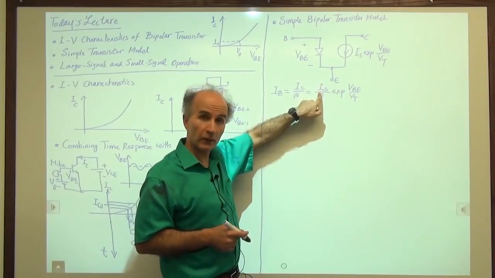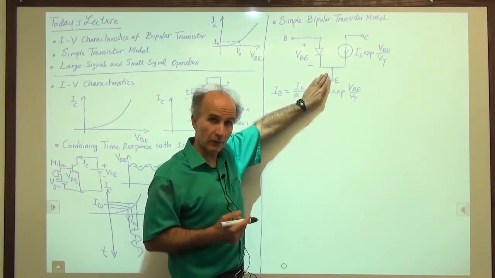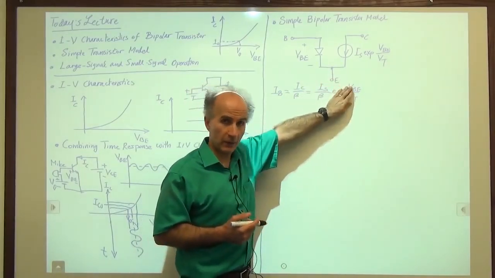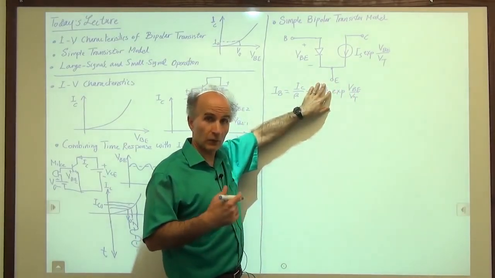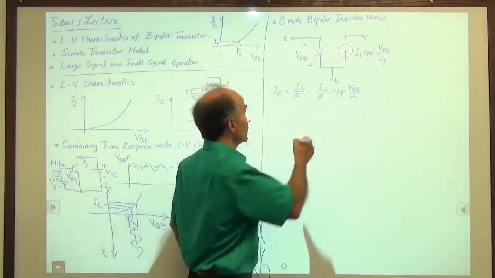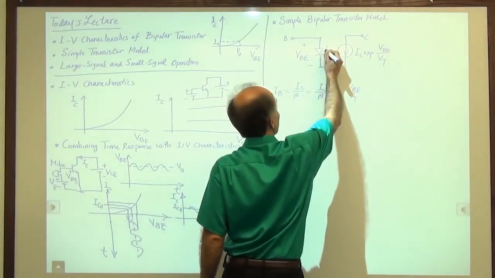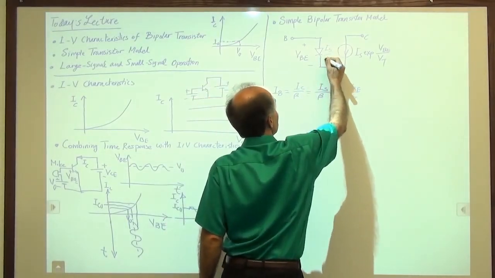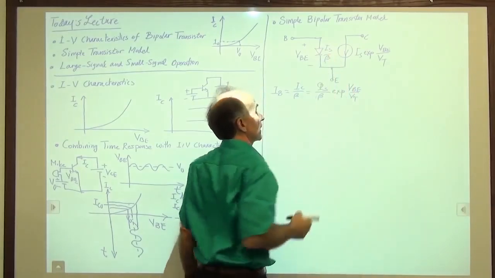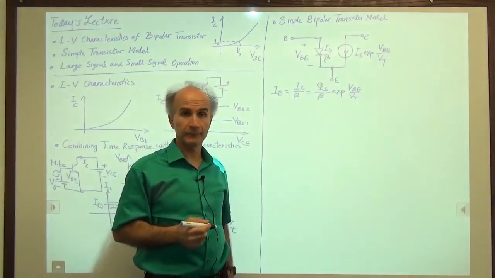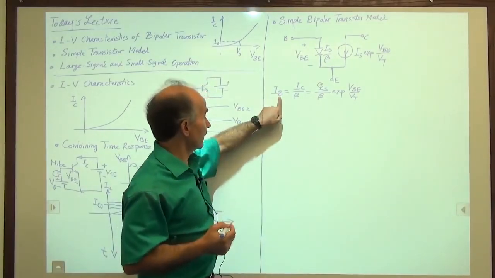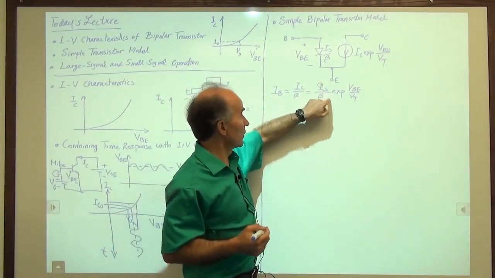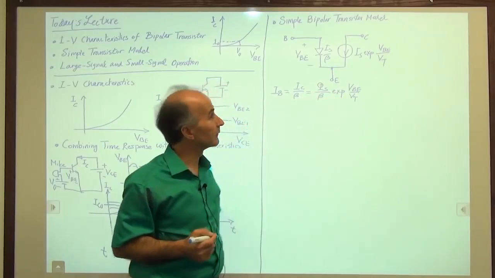Because that's the equation for a diode. The equation for a diode says reverse saturation current times the exponential. It just happens that this has a reverse saturation current equal to IS over beta. So we'll just sometimes write it here, not all the time, to remember that the reverse saturation current of this guy is IS over beta, not IS, because the base current has to be this much, not this much.